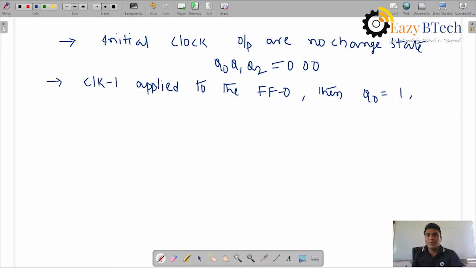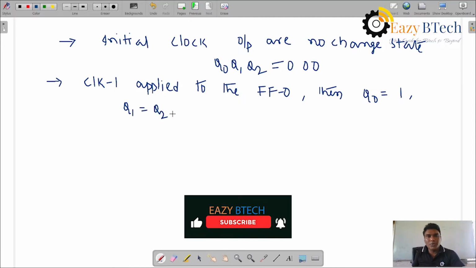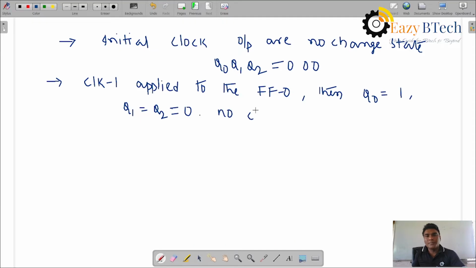Q1 and Q2 are in the no change state, so Q1 and Q2 are equal to 0. That is the no change state. Then clock 2 is applied.